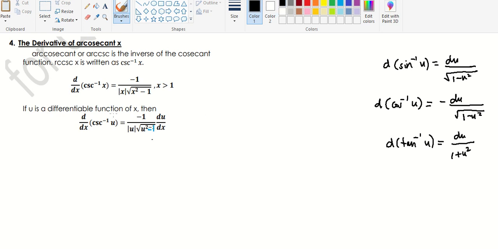Or we could rewrite this as the derivative of arc cosecant u is equal to negative du over absolute value of u times the square root of u squared minus 1. Alright?